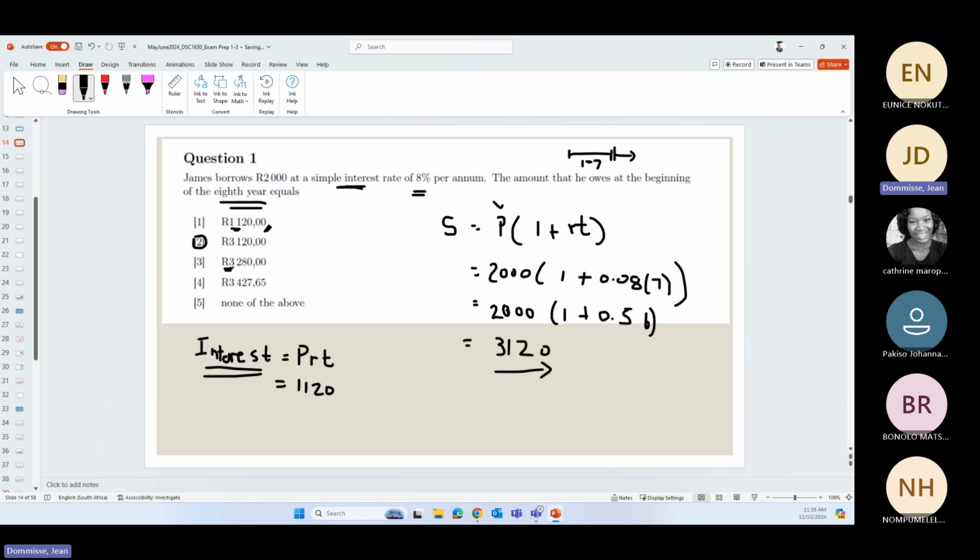It's not really that you made a massive mistake. If you used 8 and didn't see that it is actually to the beginning of the 8th year, so you should only use 7, you would have gotten 3280. And if you worked out only the interest component, you would have gotten 1120. So it's not a major misreading of the question, just small things that could make you select the other answers.